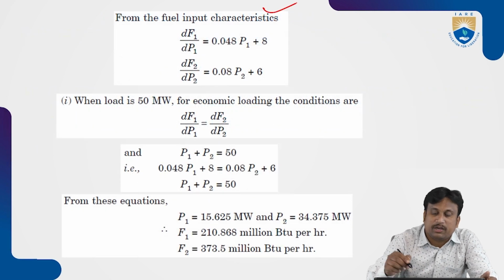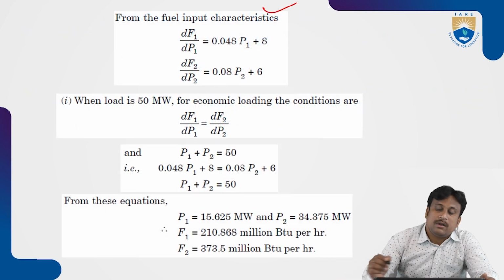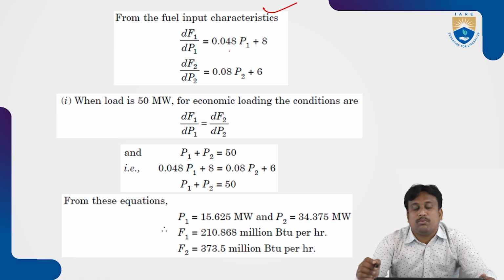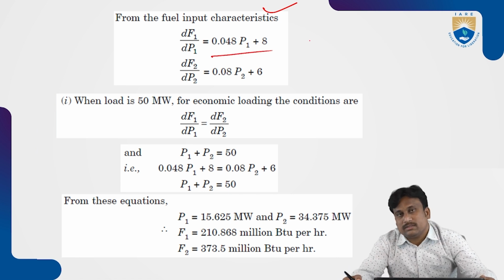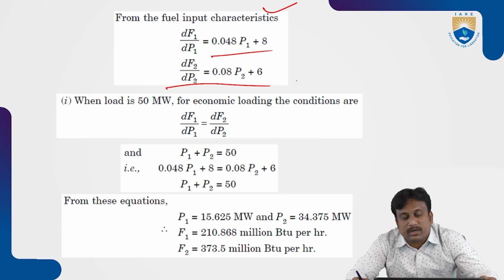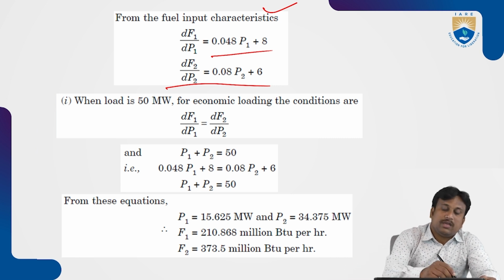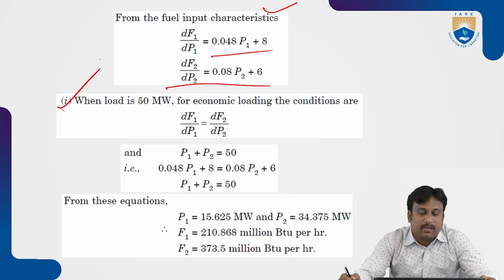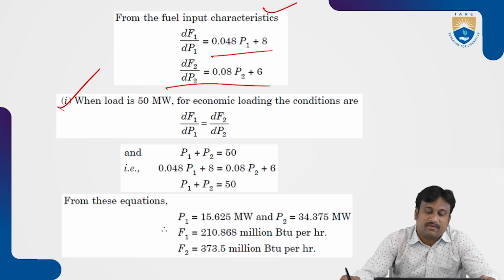From the fuel input characteristics, dF1 by dP1 is 0.048 P1 plus 8, and dF2 by dP2 is 0.08 P2 plus 6. Here the first case is when the load is about 50 megawatts.